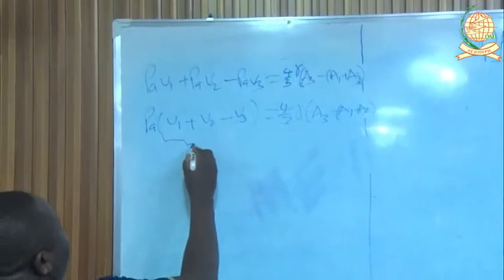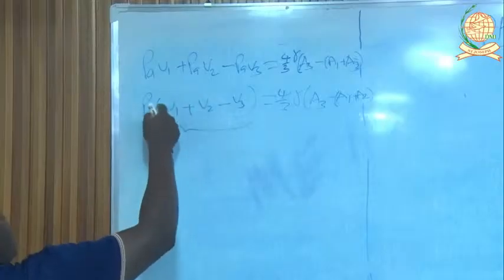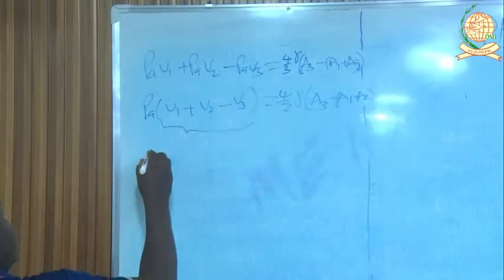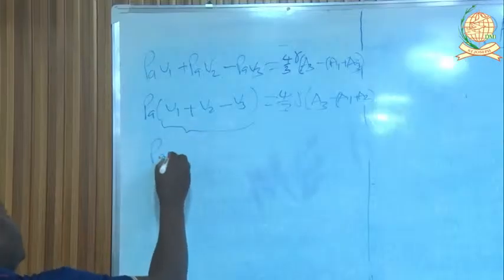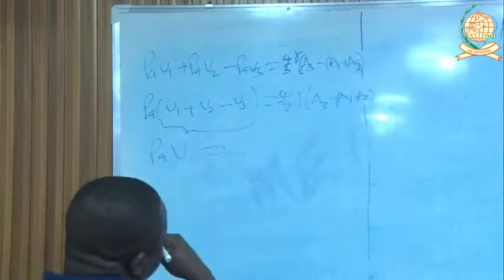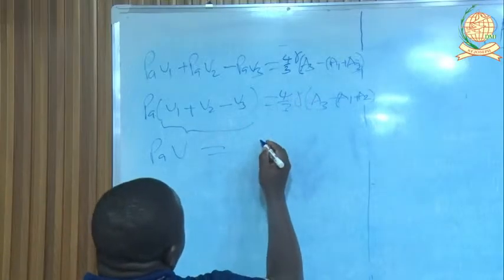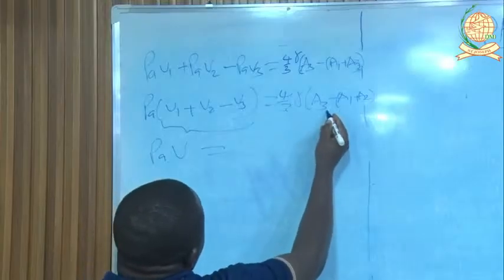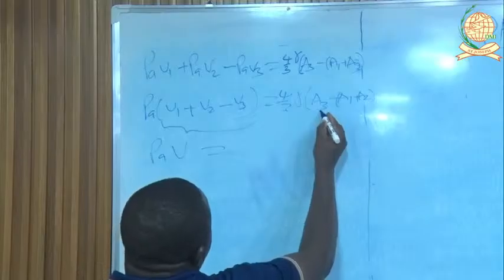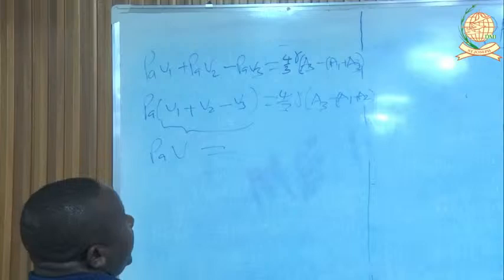This thing is a change in volume. That means total volume initial minus the total volume final. So we have been given this to be equal to V, and this is equal to total area final minus total area initial.